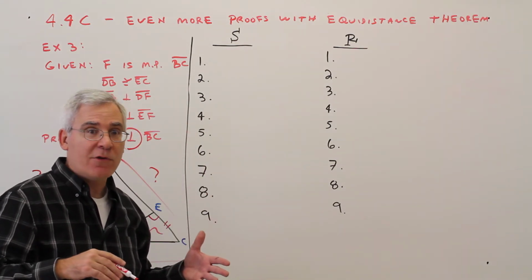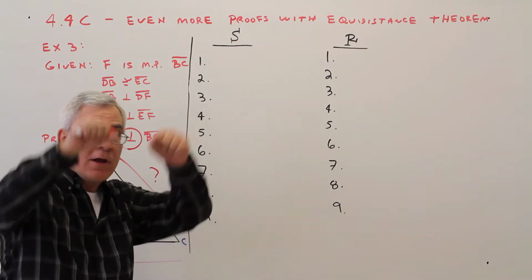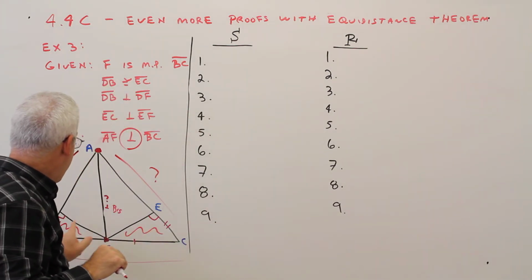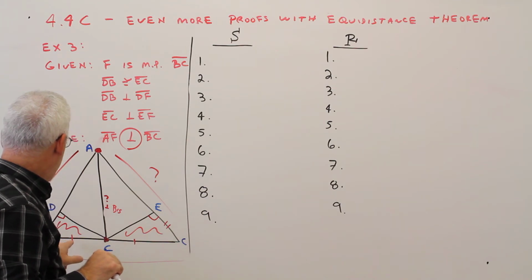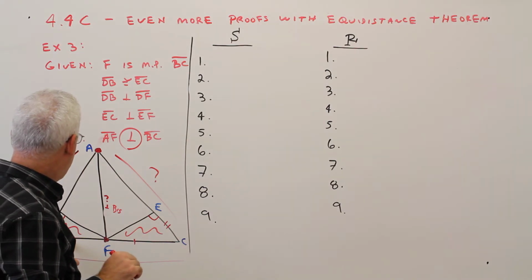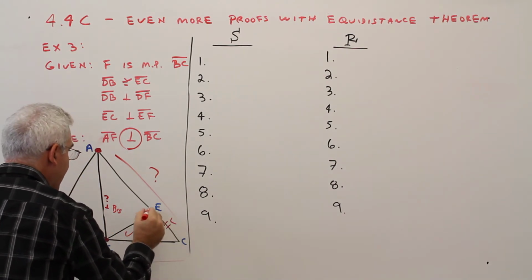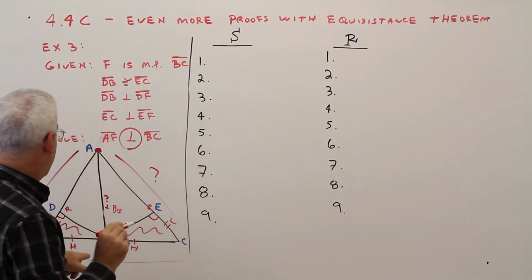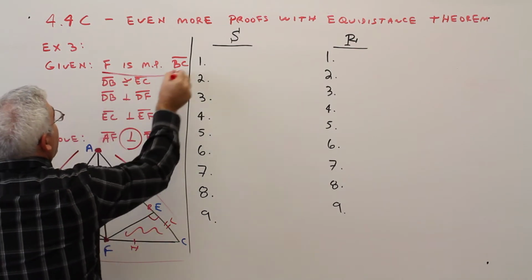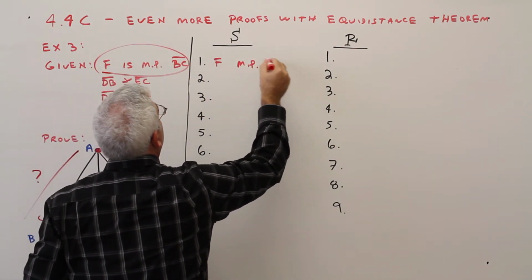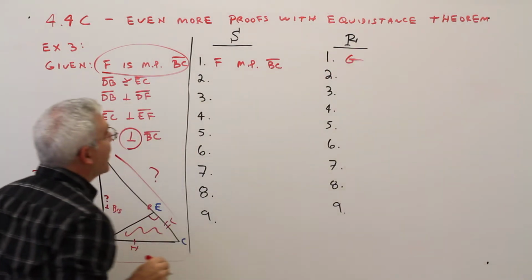So again, what I'm going to do is try to go in HLR order and establish those two equidistant points. So first I'll get the triangles. So the hypotenuses are here. Just so you know, that's a hypotenuse, leg, leg, right angle, right angle. So I'll start with this. F, midpoint, BC, given.